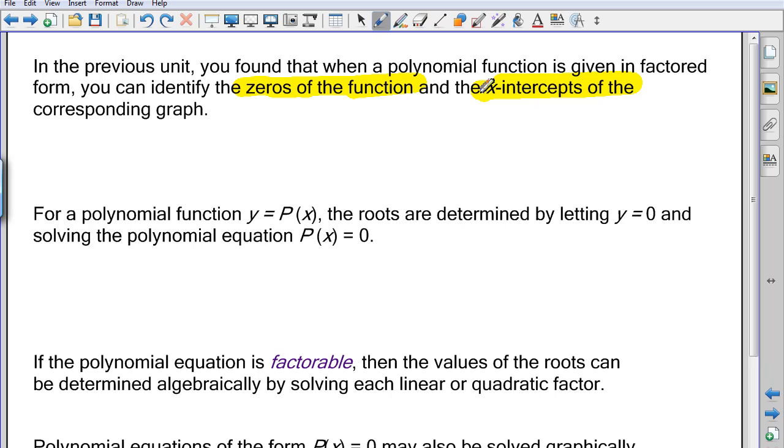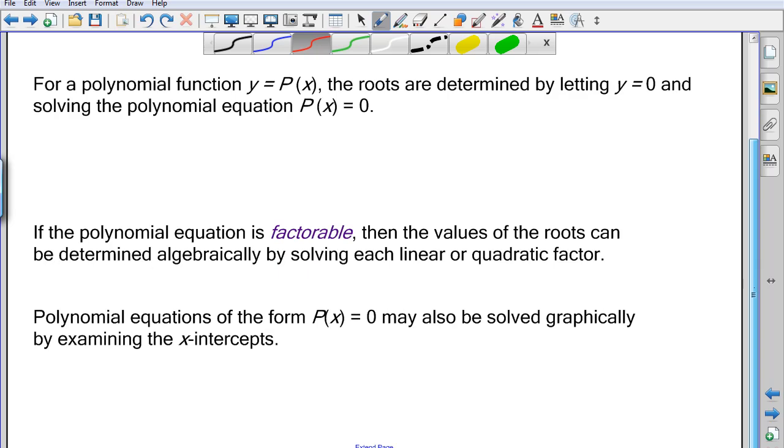For a polynomial function y equals p of x, the roots are determined by letting y equal 0. That doesn't change. That's always been the case. If the polynomial equation is factorable, then the values of the roots can be determined algebraically by solving each linear or quadratic factor.